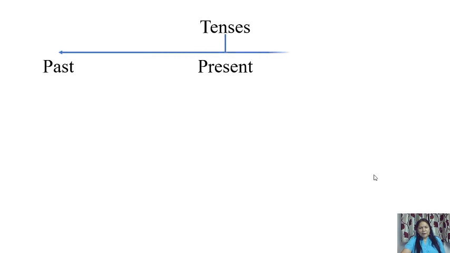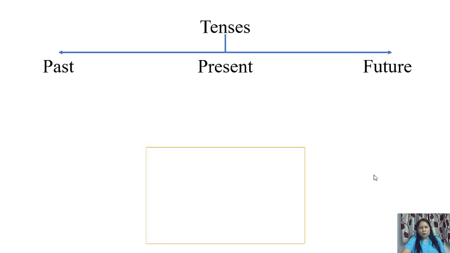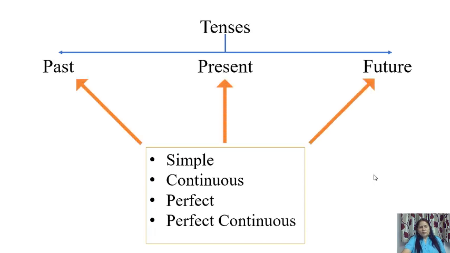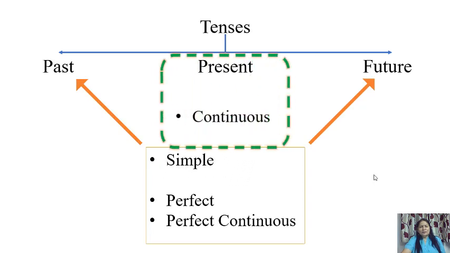See, I told you there are three tenses basically: present, past and future, and all these three tenses have four forms: simple, continuous, perfect and perfect continuous. In the last class you studied simple present tense, and today we are going to study present continuous tense.